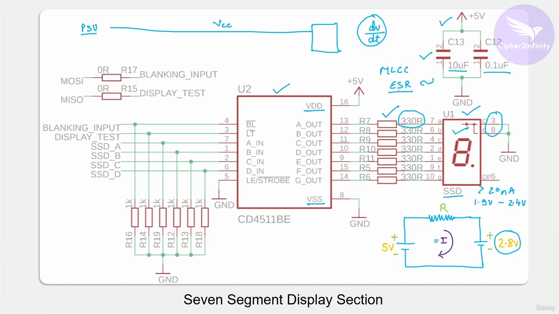We have already discussed this point when we discussed the power supply sections, input and output capacitor. But in general, if the distance is not too long, then even if you don't connect these capacitors, it's fine. Not too long means I'm talking about a distance of 8 to 10 centimeter.